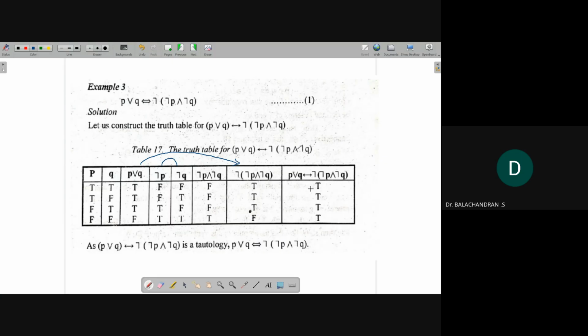So T, T, T, F. You can see here both truth values are same: T, T, T, F and T, T, T, F. So from this also you can easily observe that both of them are equivalent. So we proved that P or Q biconditional negation of negation P and negation Q is a tautology. Hence we can say that P or Q is equivalent to negation of negation P and negation Q.